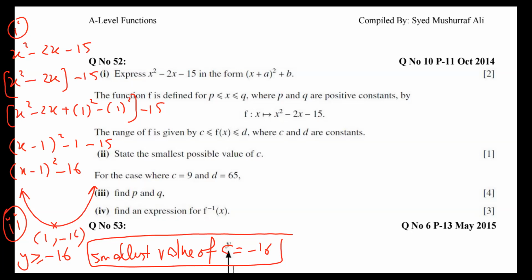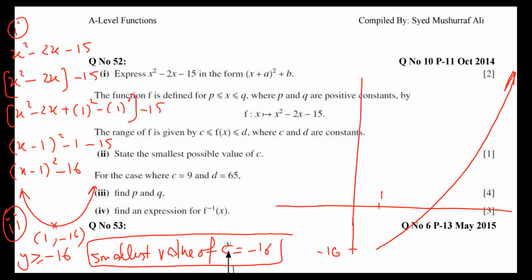First of all, a very interesting part. I can tell you one thing. For example, my graph is starting from 1 here, negative 16. The graph is going like this and like this. He gave us the y values: the lowest y value is 9, and the highest value is 65. Where's 9? 9 is somewhere here.